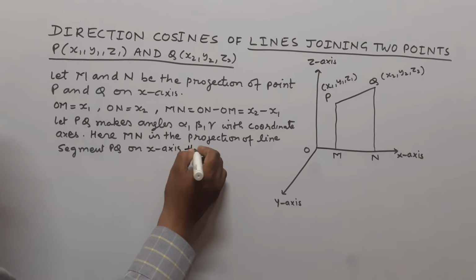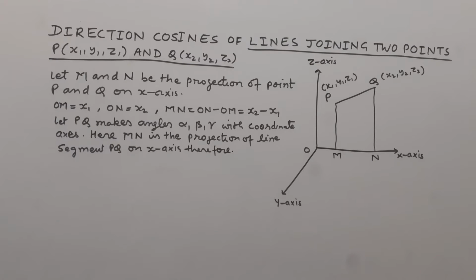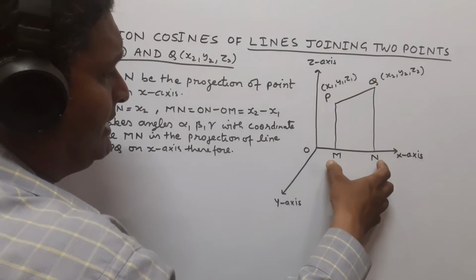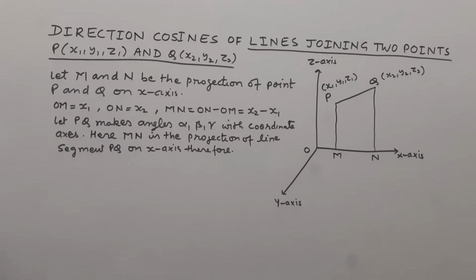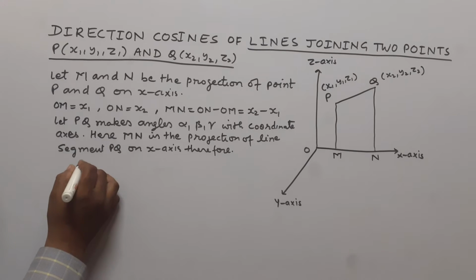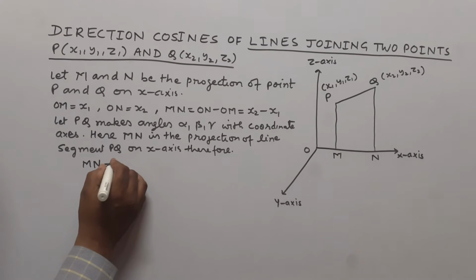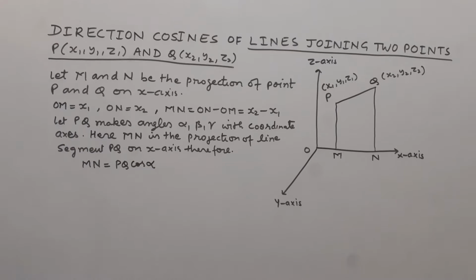Therefore we find the projection of PQ on the x axis, that is MN. From the formula we know that the projection MN is equal to PQ cos alpha.